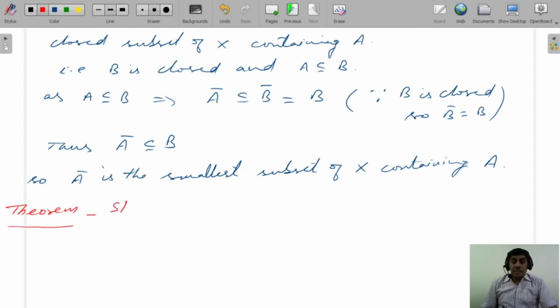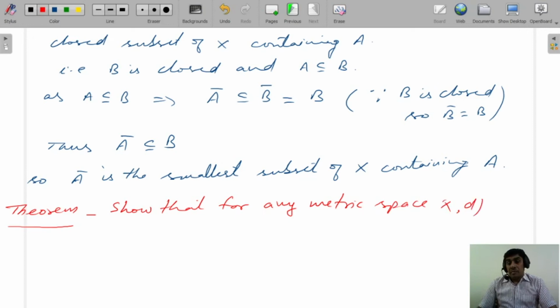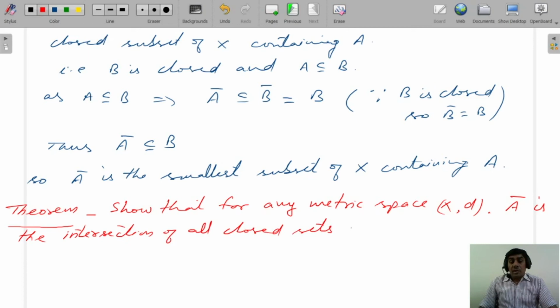Show that for any metric space (X, d), A closure is the intersection of all closed sets containing A. Proof.